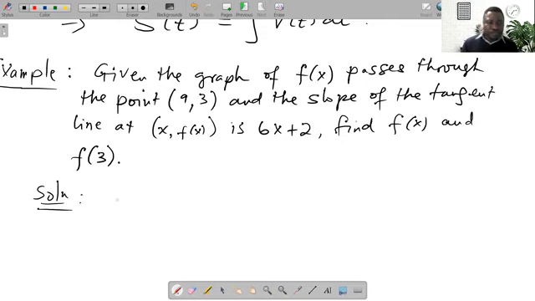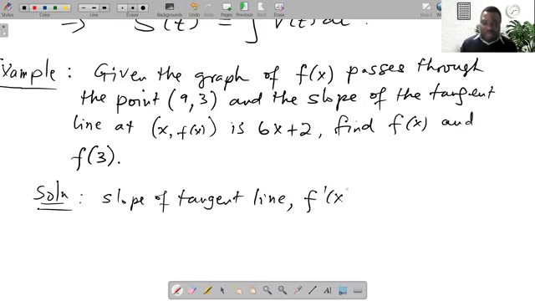So what we know here is that the slope of the tangent line, which basically is f prime of x, was given as 6x plus 2. We have these initial conditions.